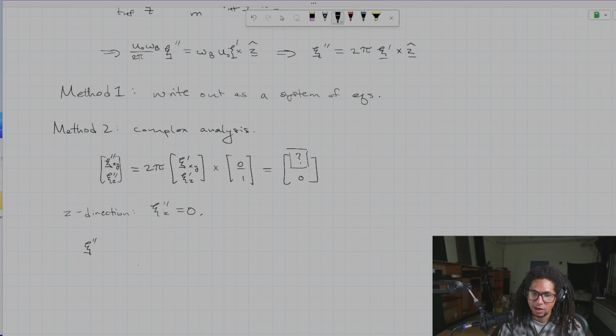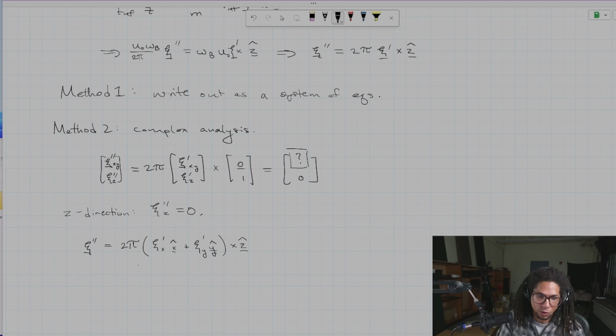Okay, so c double prime is equal to 2 pi times, well, what happens if I take an x hat vector and a y hat vector and I cross them with a z hat vector? Let's actually write it out. So we'll get cx prime x hat plus cy prime y hat cross z hat.